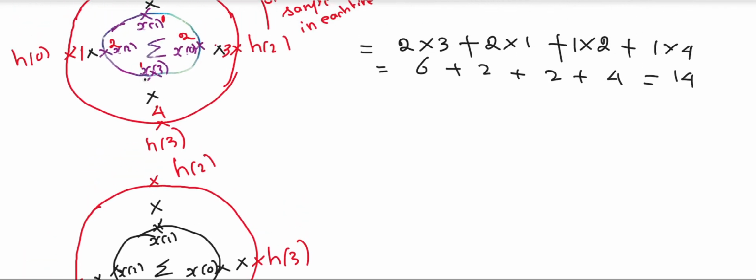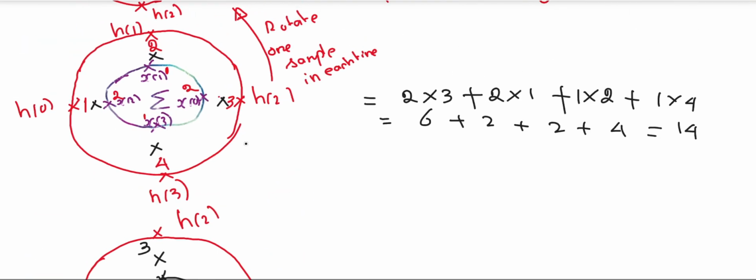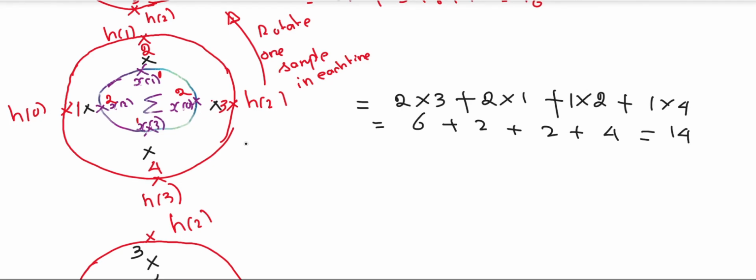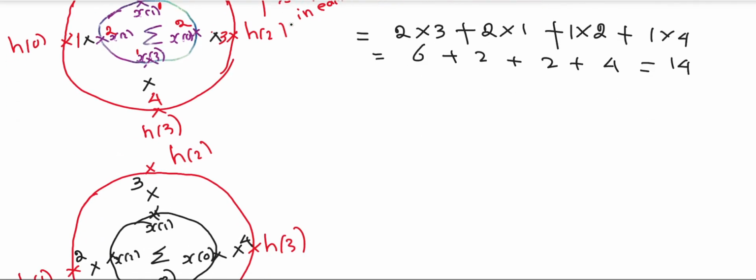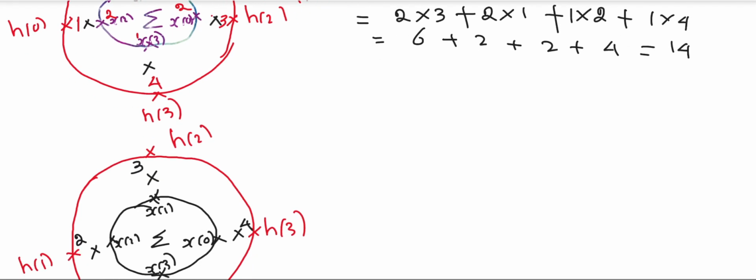Represent the values: h of 0 is 1, h of 1 is 2, h of 2 is 3, h of 3 is 4, and the inner circle needs no change: x of 0 is 2, then 1, 2, 1.